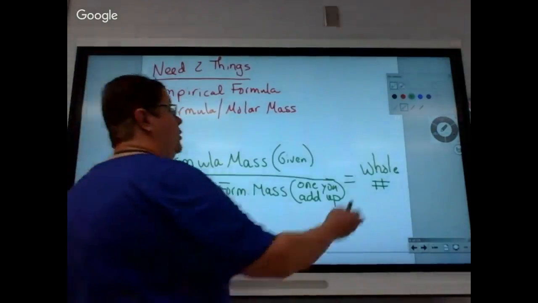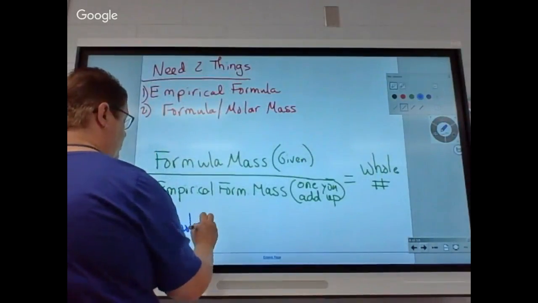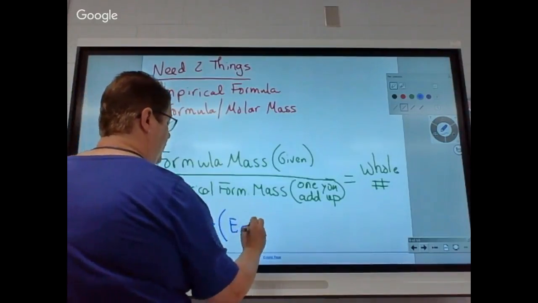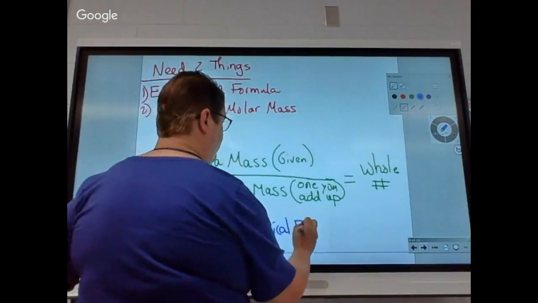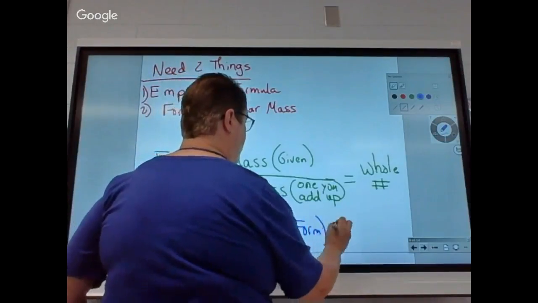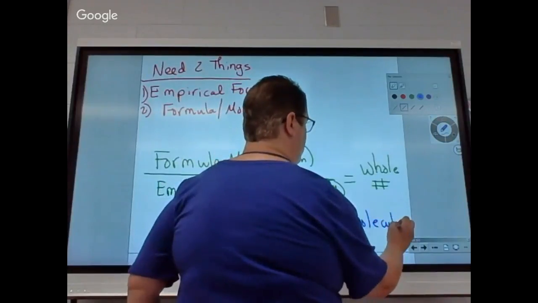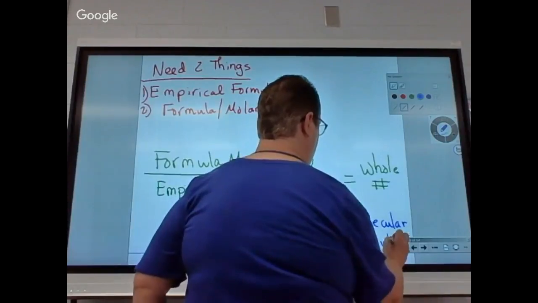Now, we take this whole number and we multiply it through the empirical formula, and we get the molecular formula.